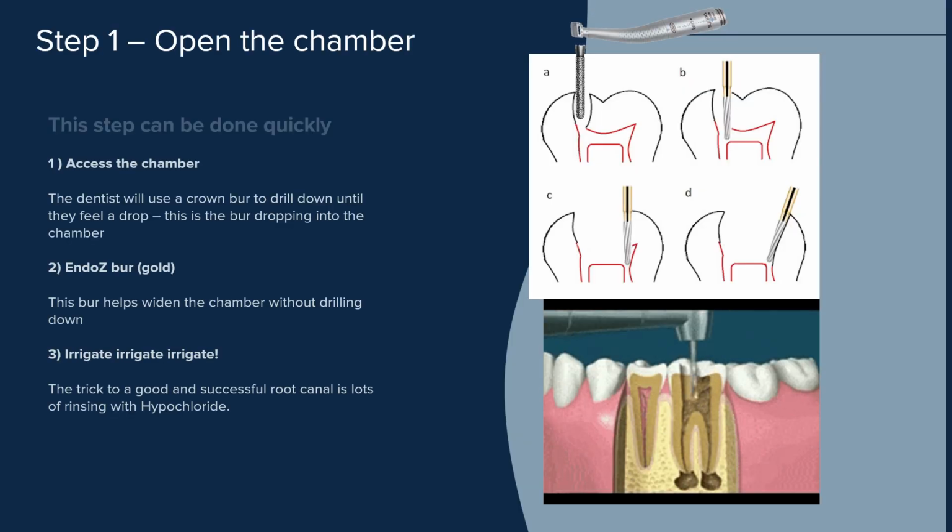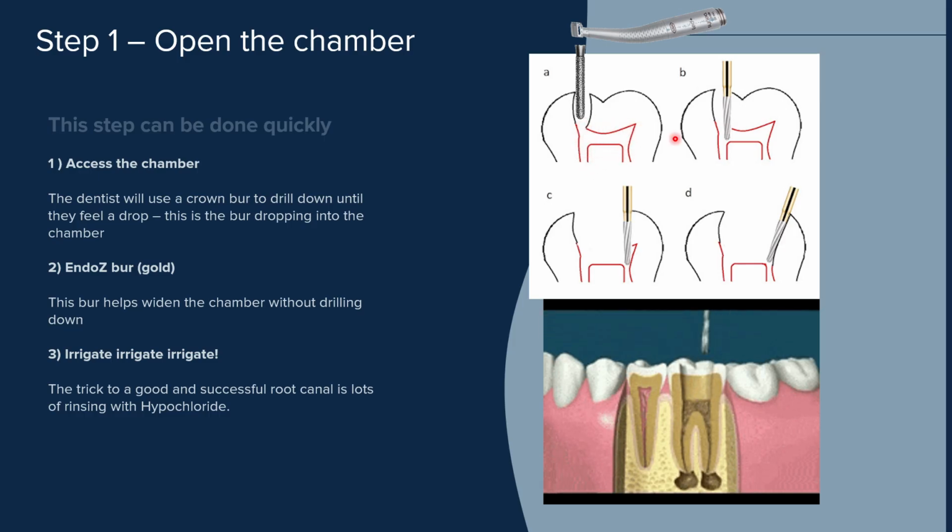Step one is we open the chamber. The dentist with experience can do this quite quickly. We'll drill down to the nerve, and then we'll use our Endo Z, our non-end cutting gold shanked drill bit, just to slide across and open up the roof. This is the roof of the chamber, these are the walls, and these here are the canals.